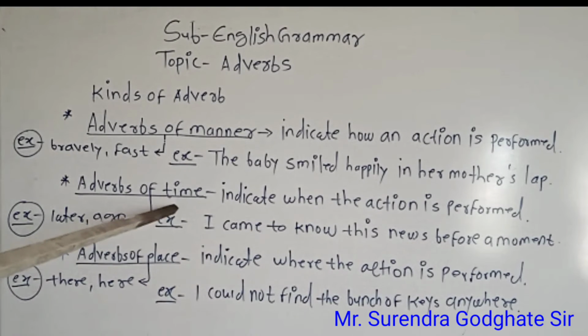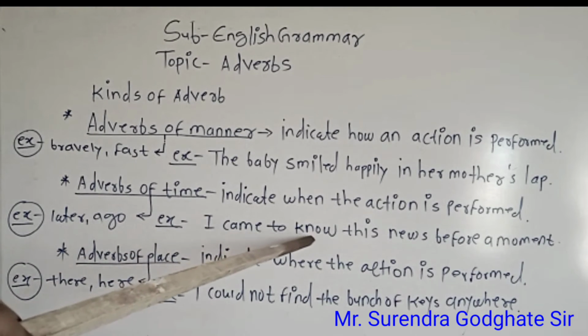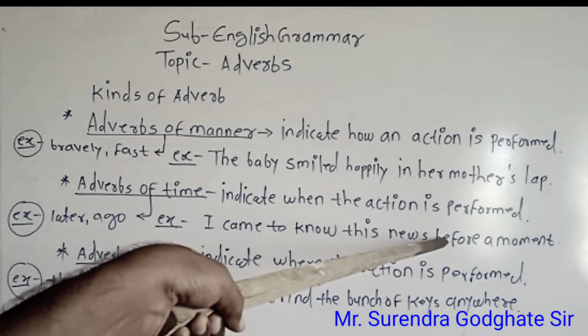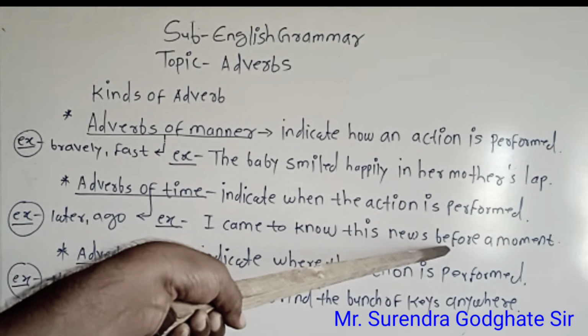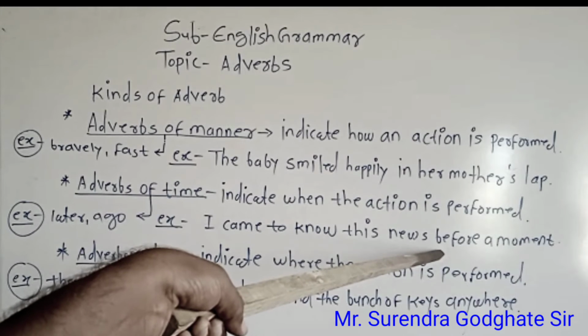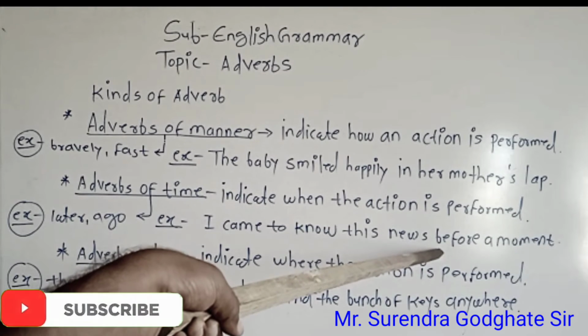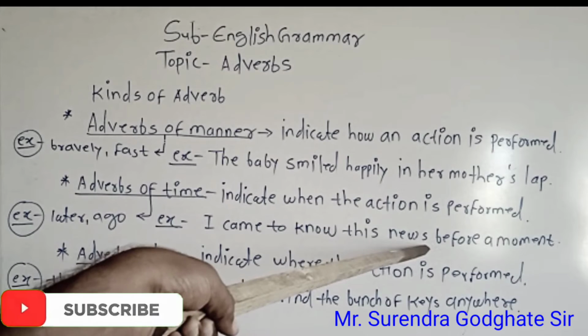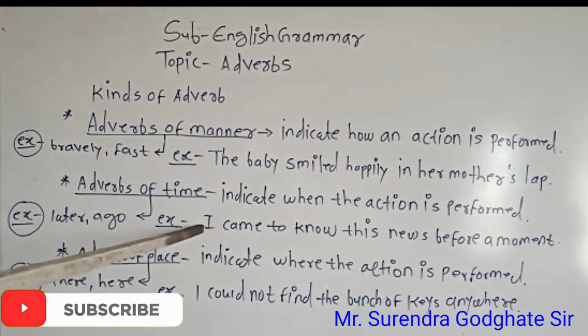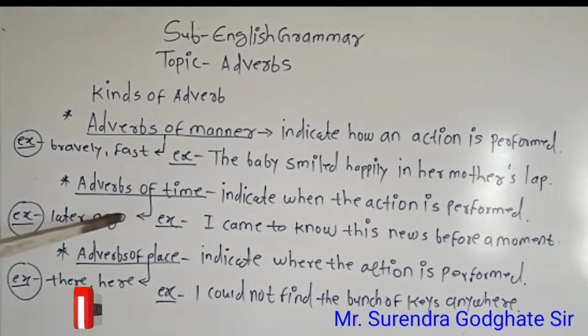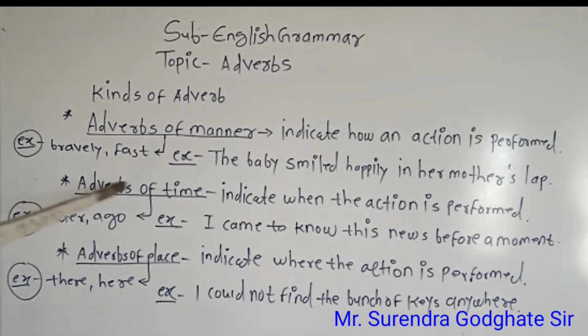Therefore this is the adverb of time. It shows the action is performed, but when, it shows the time. And here you can see some examples: later and ago both belong to the adverbs of time.